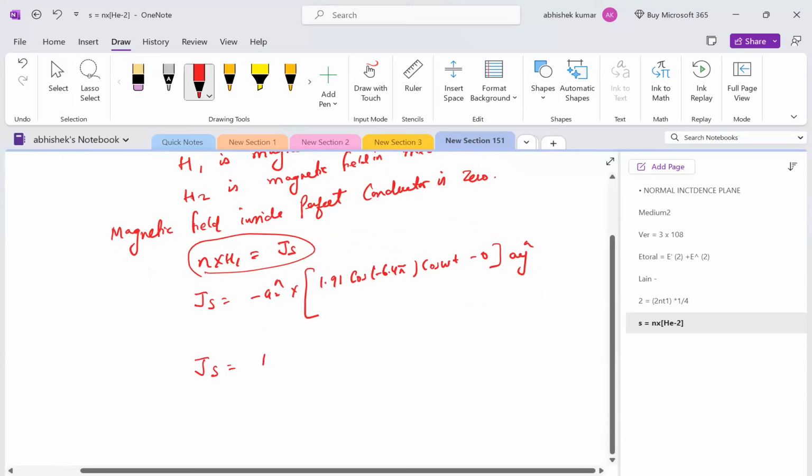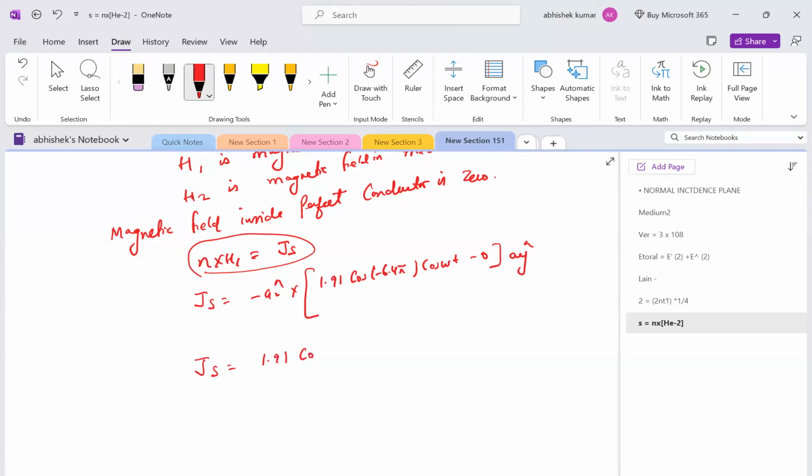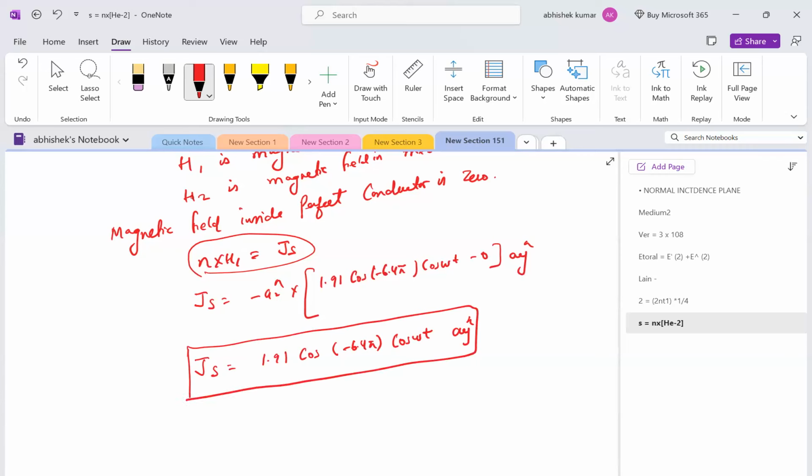So basically your answer will be 1.91 cos(minus 6.4 pi) cos omega t ay, and its unit is ampere per meter.